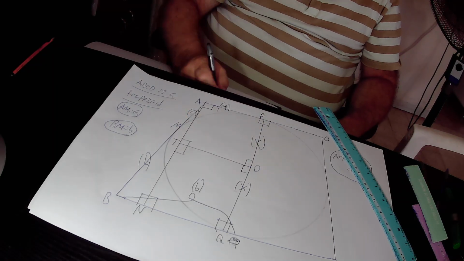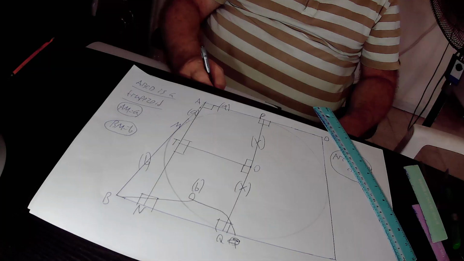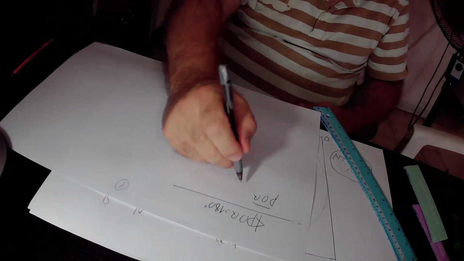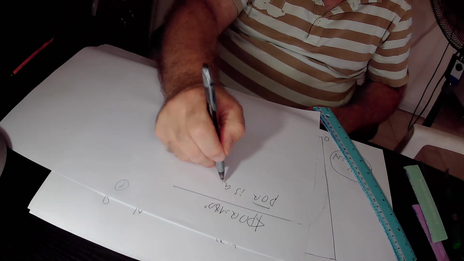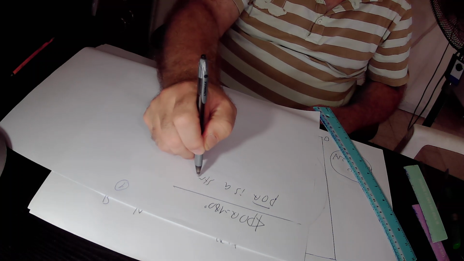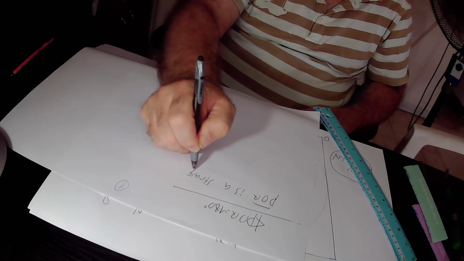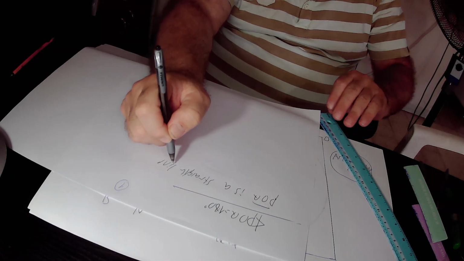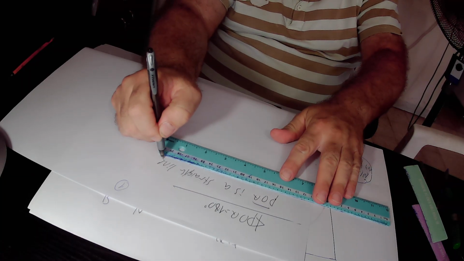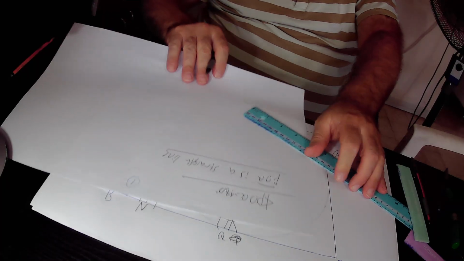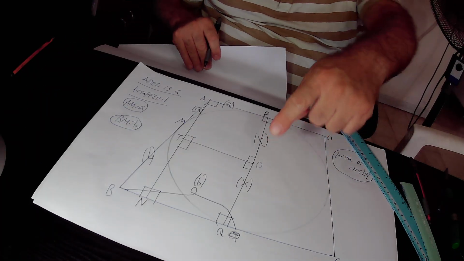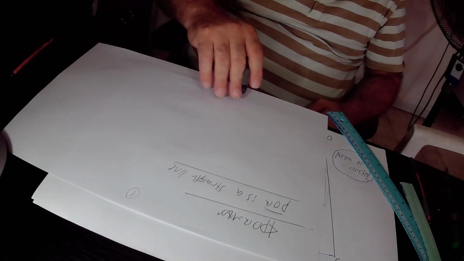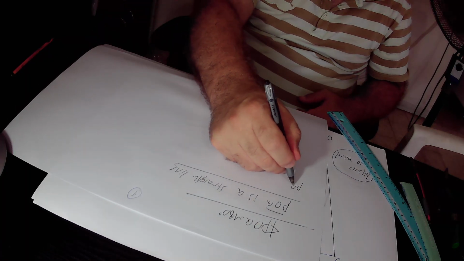So line segment POQ is a straight line. If POQ is a straight line, then PQ is also a straight line.